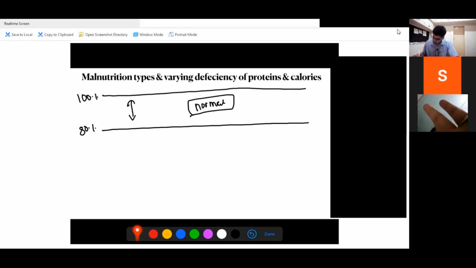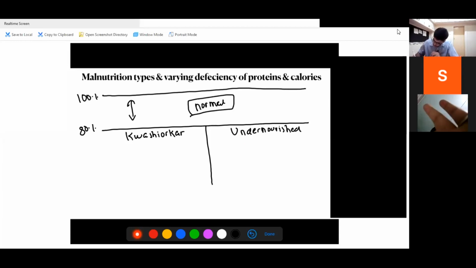Coming further down, just make a note of this. The right corner will be undernutrition or undernourished, and the left column will be kwashiorkor. So there are various types of malnutrition. With the help of this diagram, we will be able to differentiate. In undernourishment, there is deficiency of proteins and calories, which is equal.